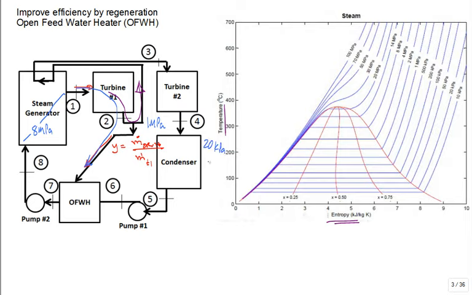True? So when you're confronted with solving a problem like this, the strategy is make a table of all your properties, fill in the column for the pressures. Often you can work out the pressures at all the states. Then start with the temperatures. Some of them are typically specified, some are calculable.